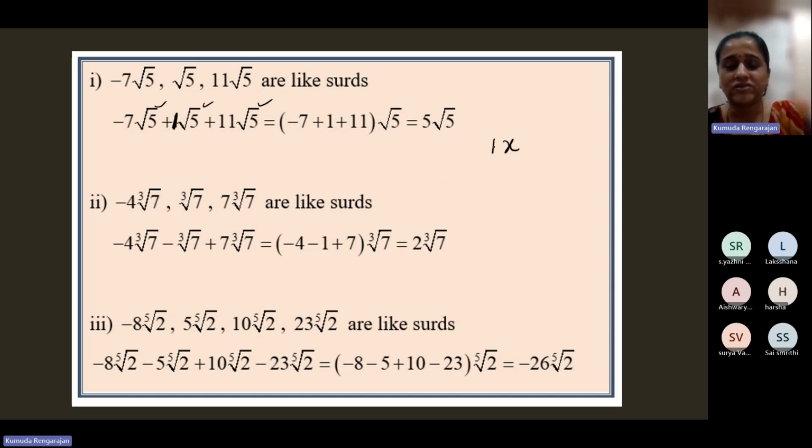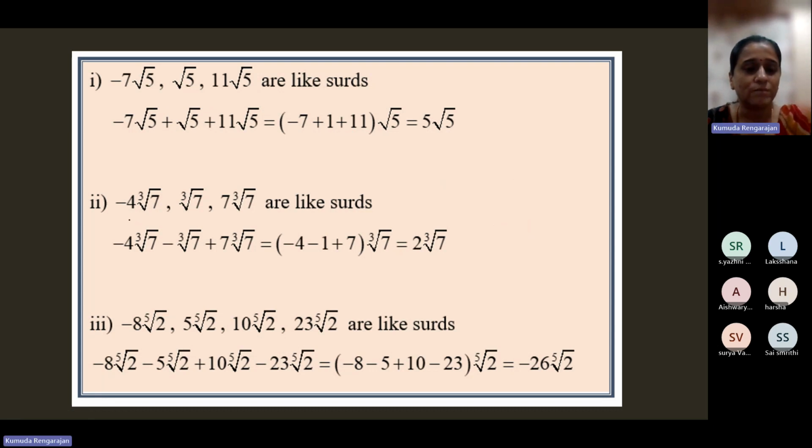Like x means 1x, similarly root 5 means 1 root 5. The rational factor is 1. So 1 minus 7 plus 1 plus 11. When you simplify this, you get 5. So 5 root 5.